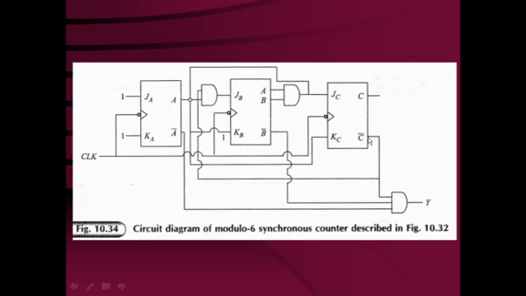Cn bar is the present state of the output. So the output of this is connected back to one of the inputs of the AND gate. Another input is An. So the output of the AND gate is going to be An Cn bar, and that output is given to the JB.